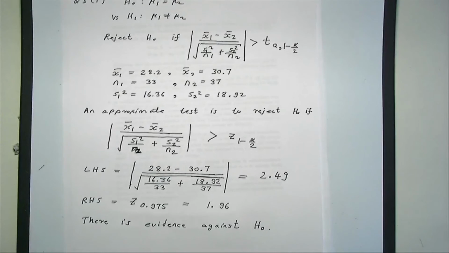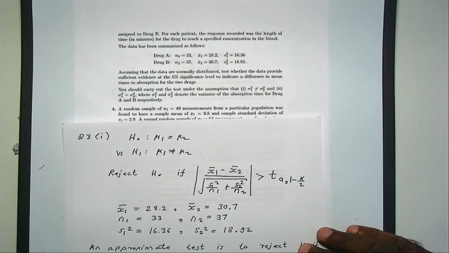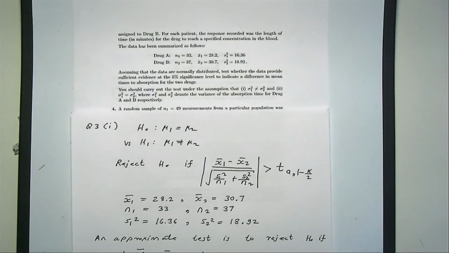Now part 2, you should go back to the question, which is to do the same test by assuming that the population variances are equal.